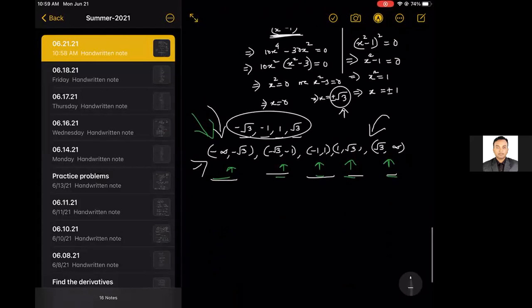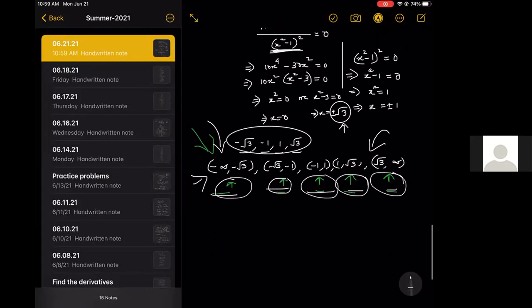Okay, so now did anyone do this part? I mean, where it's increasing and where it's decreasing, in which interval? Yeah, I did. Okay, what did you get? I got it's increasing over negative infinity to negative root 3, and then root 3 to infinity, and decreasing everywhere else. Okay, did someone else get the same?